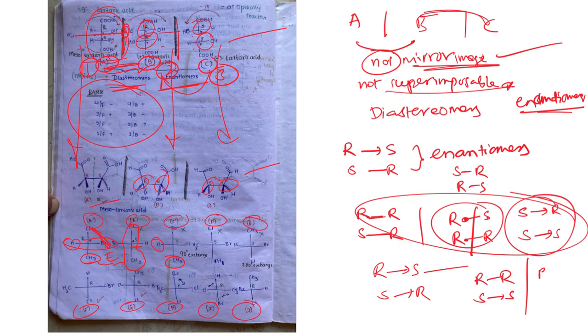When you want to change anything, it should give another isomer, meaning an acceptable exchange is from this to this. So these two are enantiomers, and this C, from the first one, is a 90-degree exchange, not acceptable.